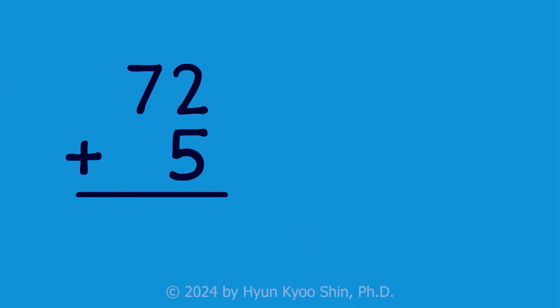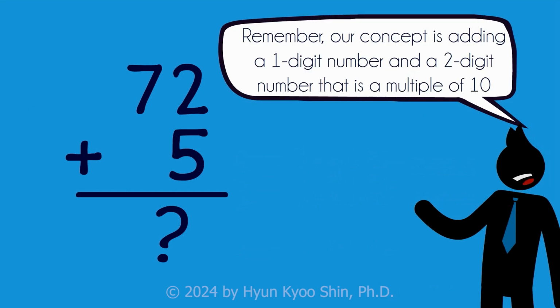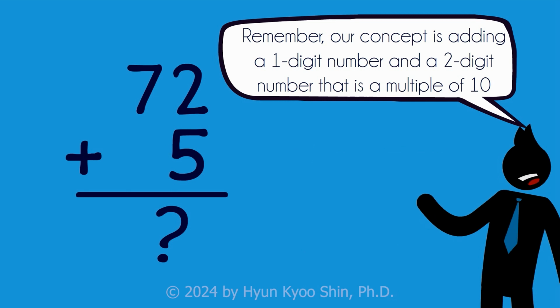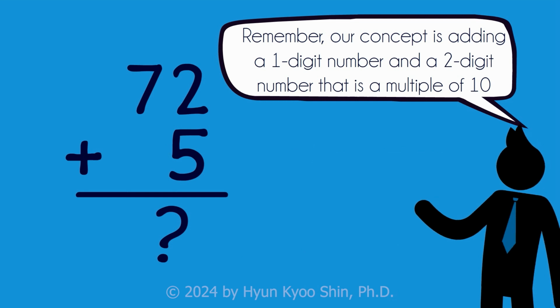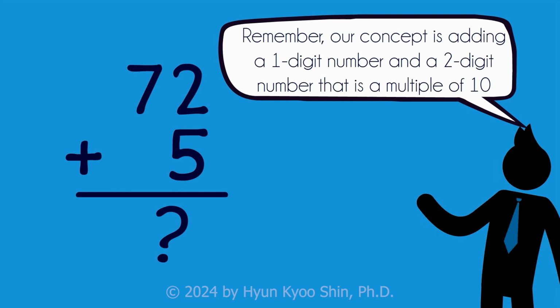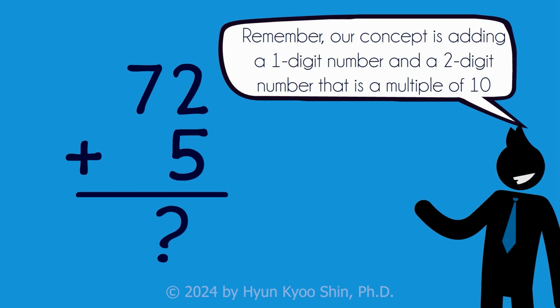72 plus 5 is equal to... 72 is a two-digit number. 5 is a one-digit number. Remember, our concept is adding a one-digit number and a two-digit number that is a multiple of 10.